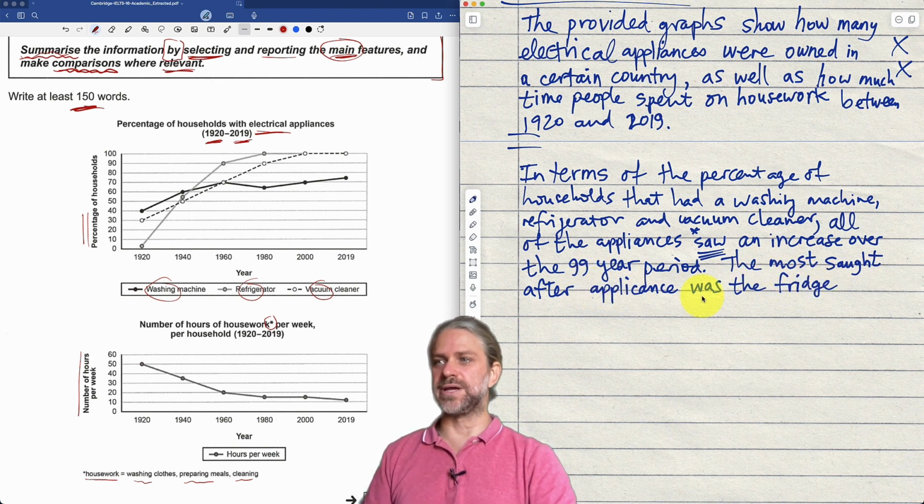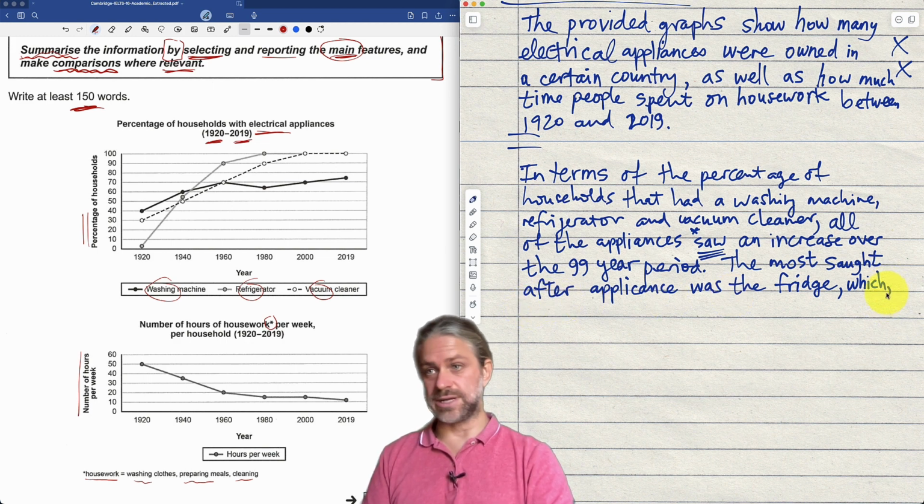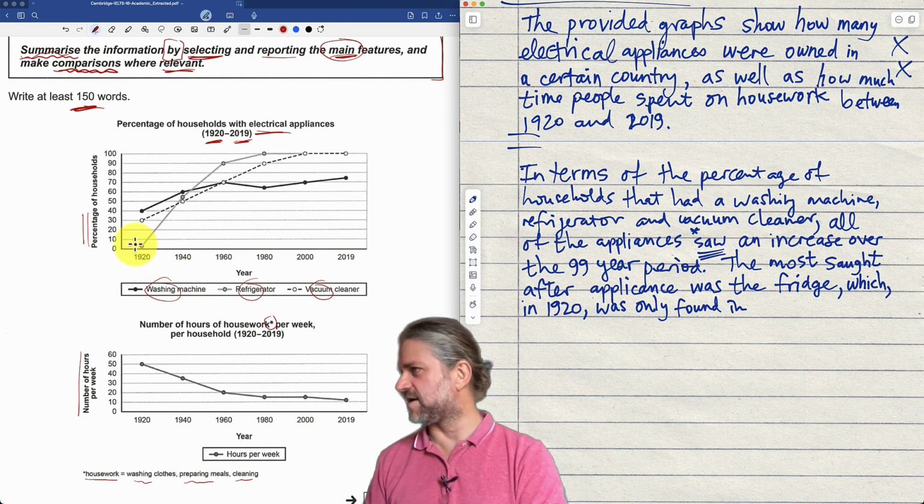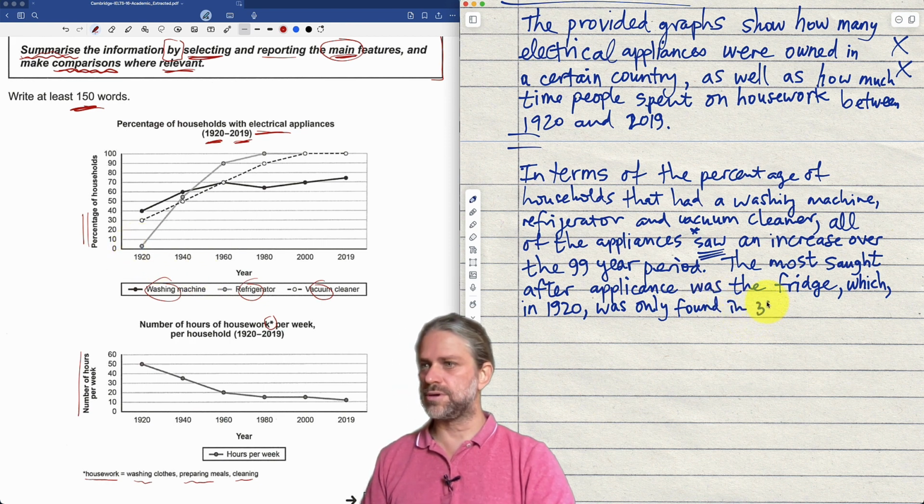So the most sought after appliance was the fridge, which in 1920, let's just say specifically, was only found in, let's have a look at that, that looks like 5%, that's 3%. 3% of households.